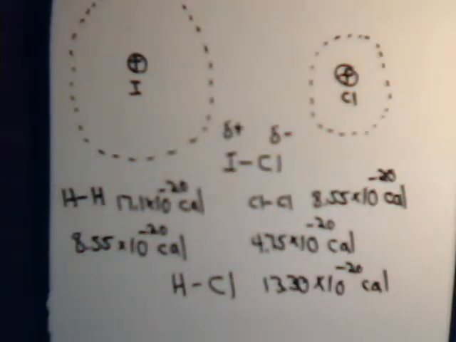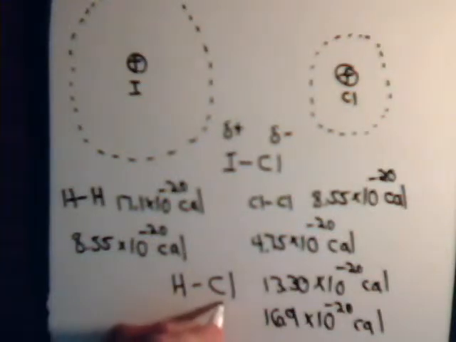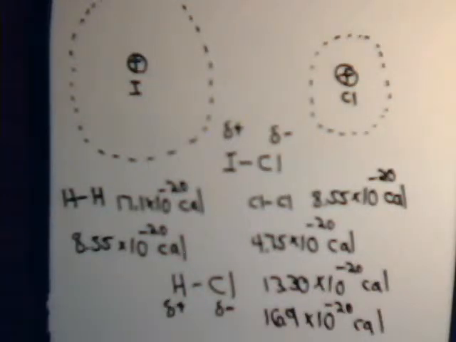But if we measure it experimentally, it actually comes out to be 16.9 times 10 to the minus 20 calories to break that bond. And the reason for that is the valence electrons are not shared equally between hydrogen and chlorine. So this has a slight negative charge, and this has a slight positive charge.